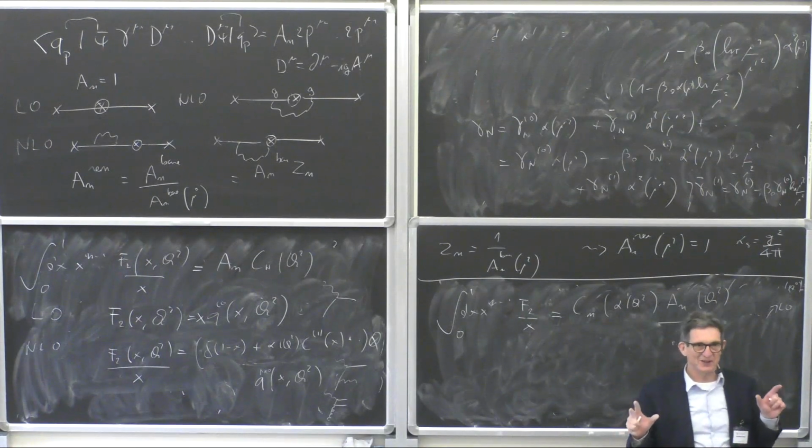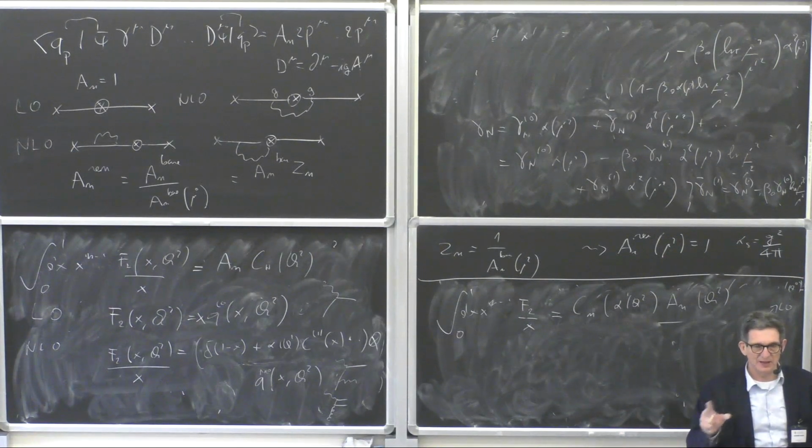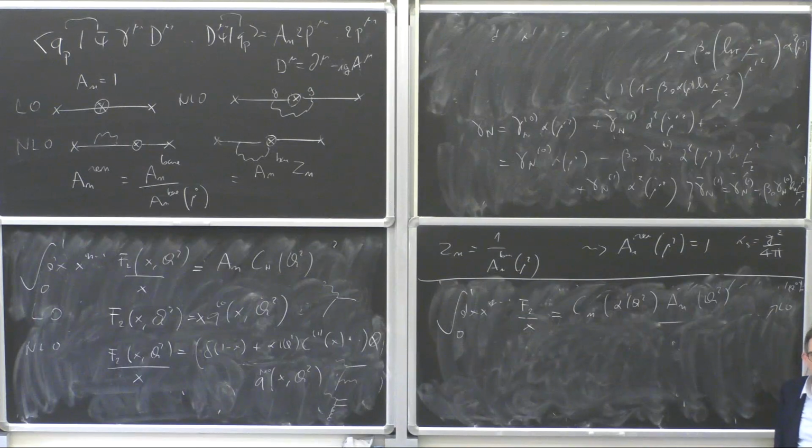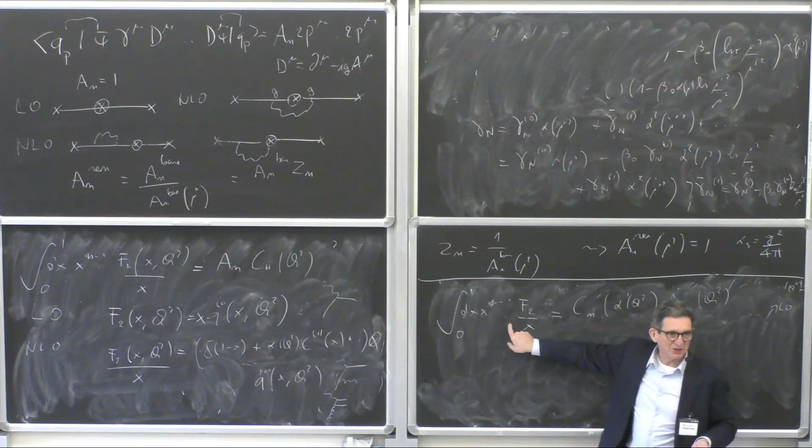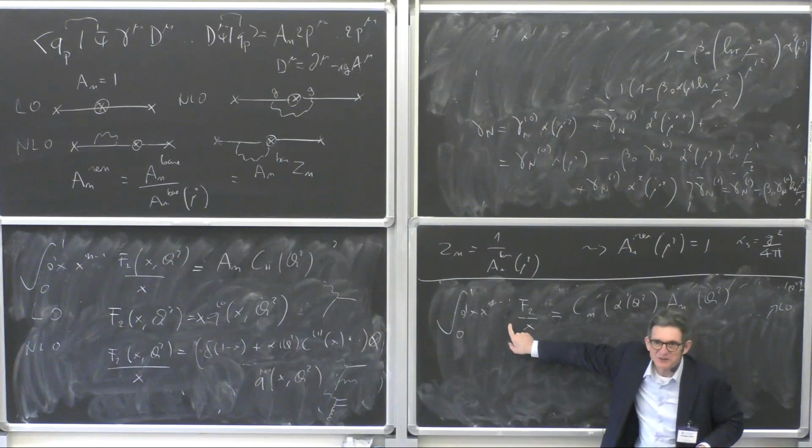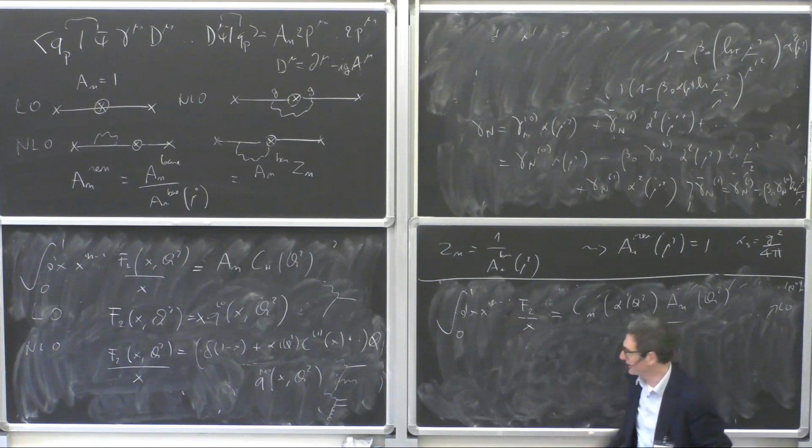There is another thing which must compensate between An and Cn, which is the divergence. Because this here is a moment of the structure function, and this is something that I measure, right? So it's some number which I get in an experiment.